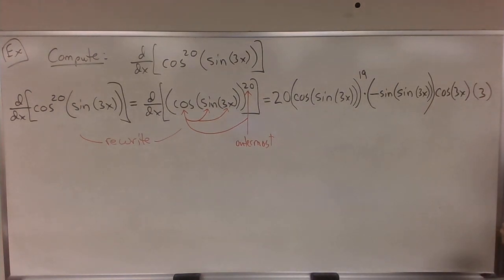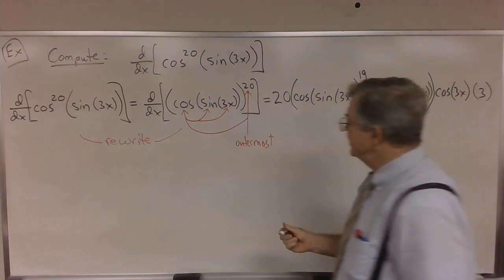Well, there are a few things that I can multiply together here. What are they? I have 3 times negative 1 times 20.